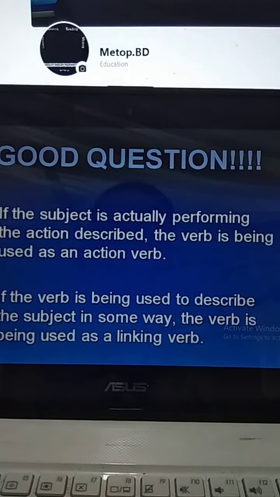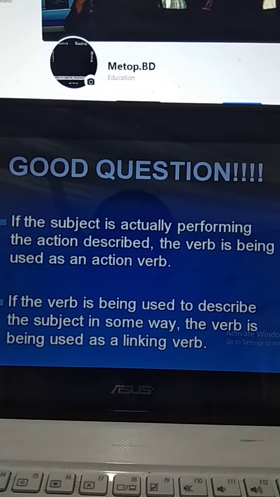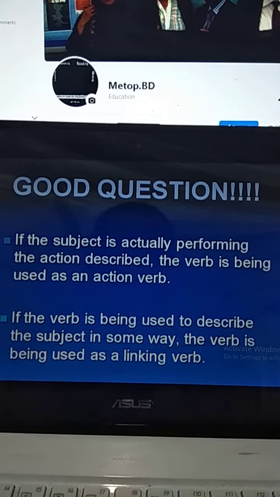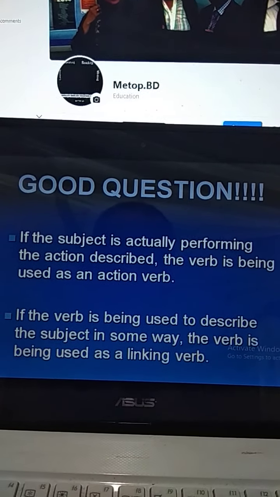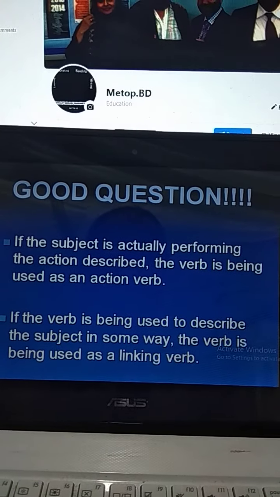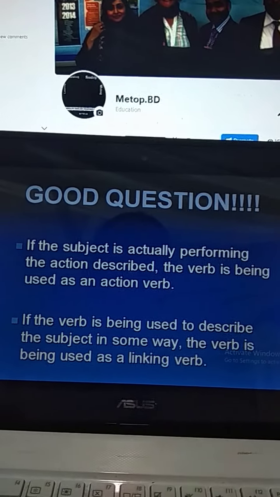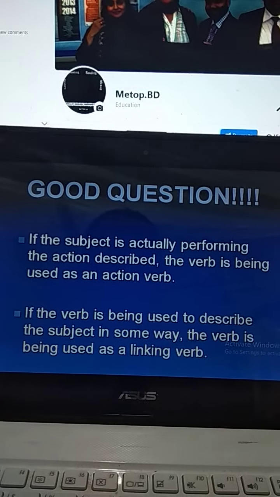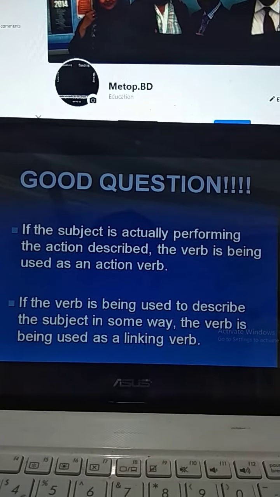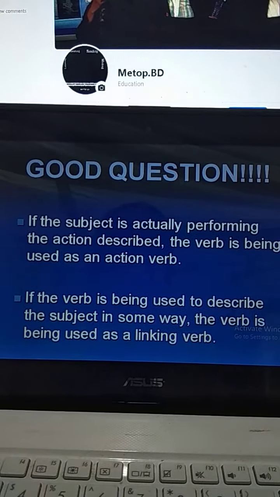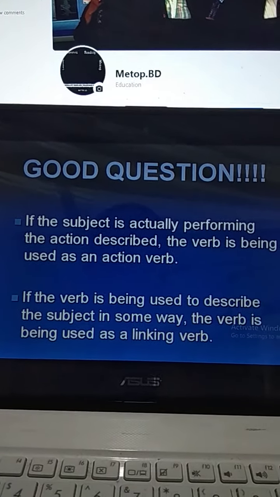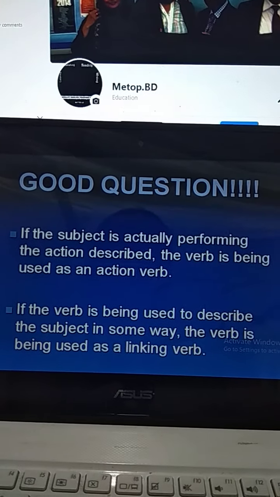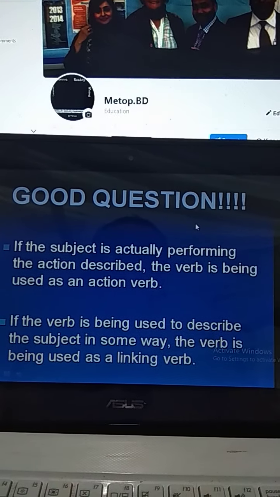If the subject is actually performing the action described, the verb is being used as an action verb. Clear? Okay. If the verb is being used to describe the subject in some way, the verb is being used as a linking verb. So I think you got the answer.